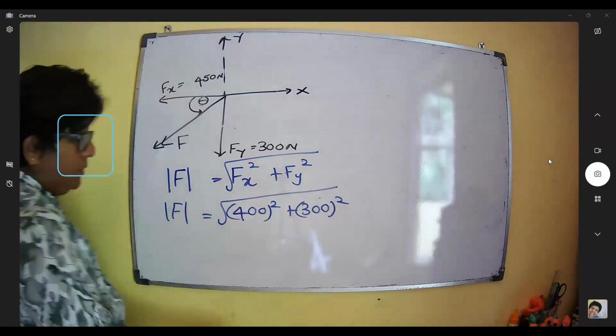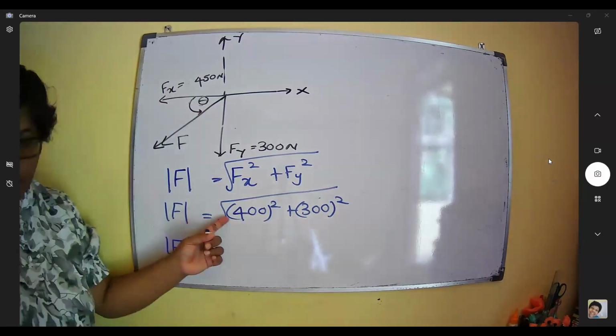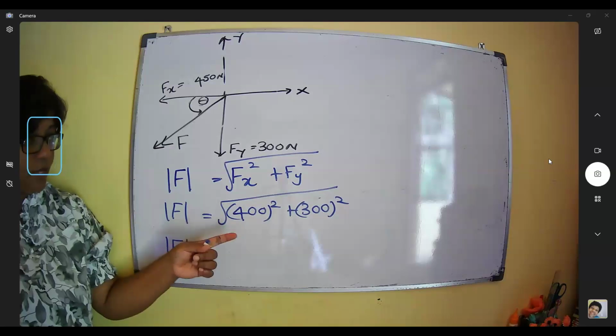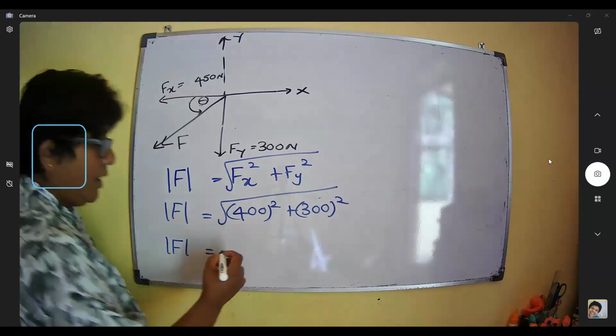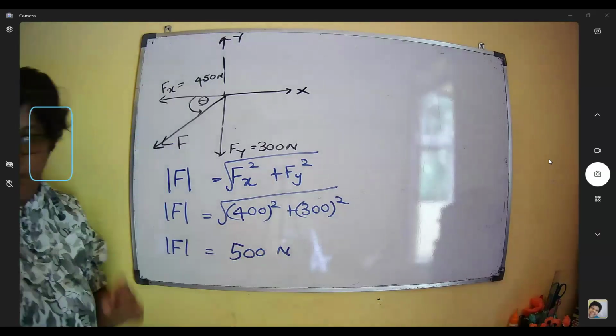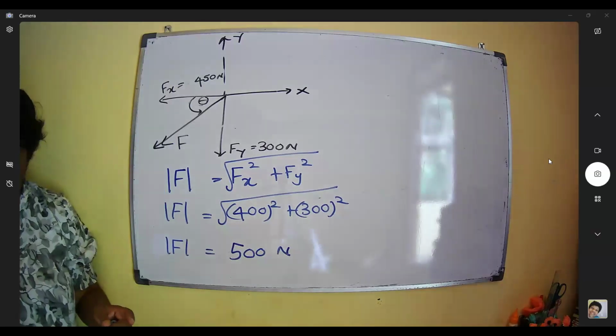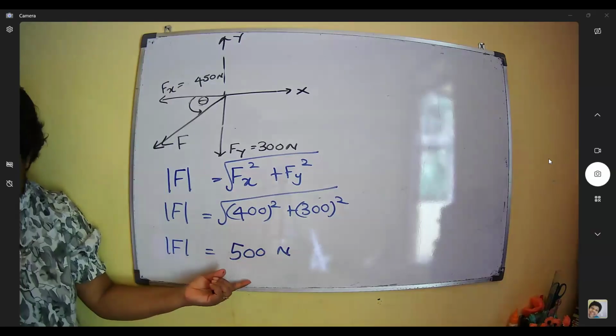Then what is the answer? 16,000 plus 9,000, 25,000, no? 500 Newton. The unit is important. In physics calculations, the unit is important. So 500 Newton is the mod value.